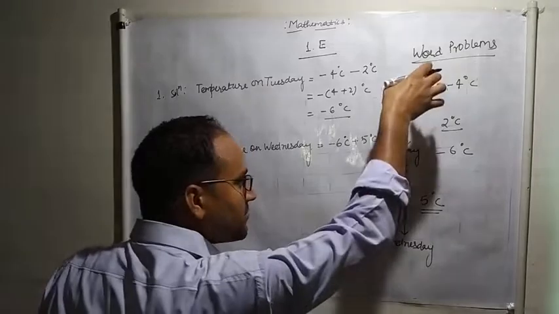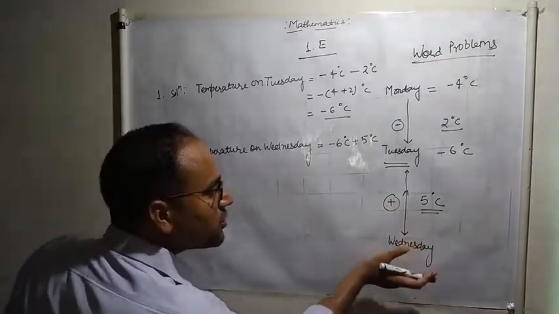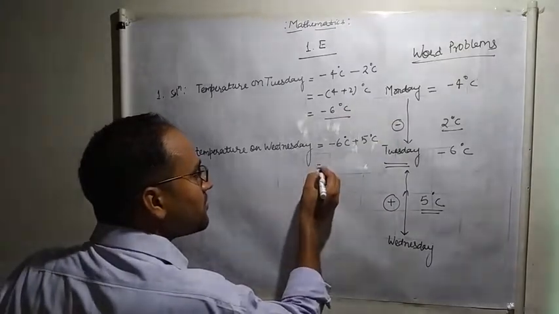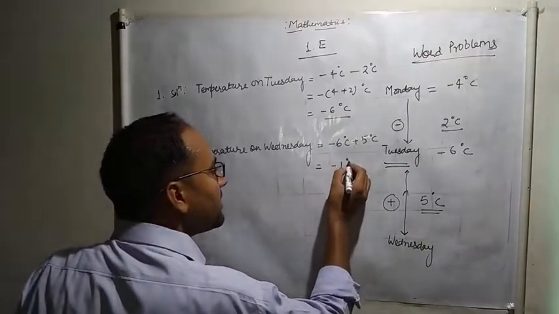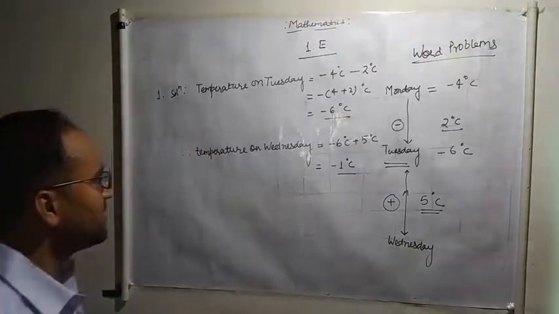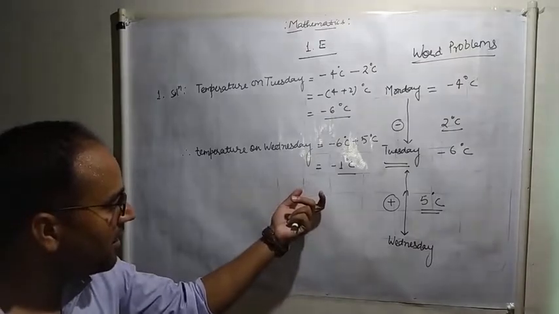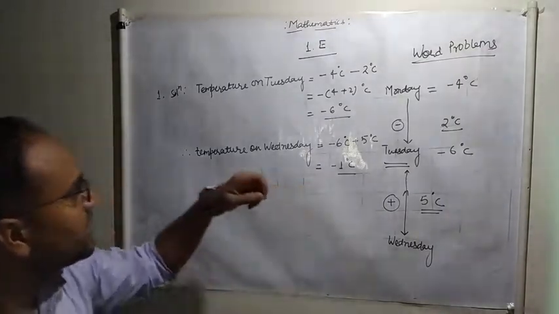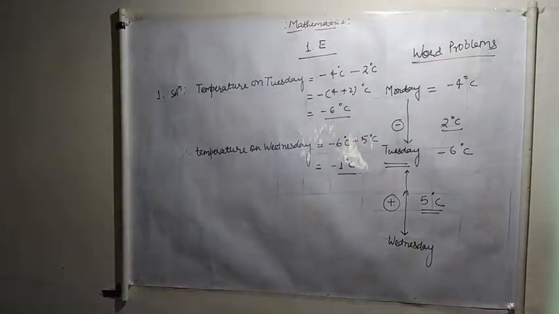Drop down means it is going to decrease, and rose up means it is going to increase. So -6 and plus 5, you will get -1 degree centigrade. So this is the temperature on Wednesday at Srinagar, -1 degree centigrade, and this is the temperature on Tuesday, -6 degree centigrade.